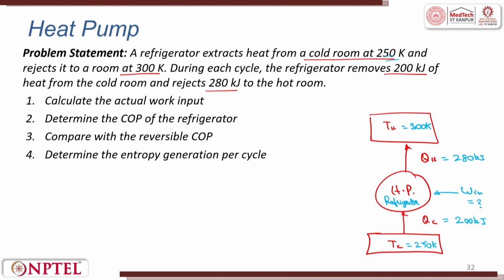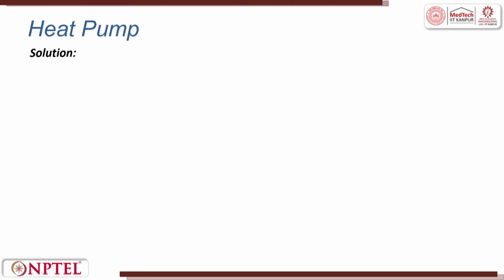Now, the first problem, calculate the actual work input. Work input here is equal to QH minus QC, that is 280 minus 200, equal to 80 kilojoules.